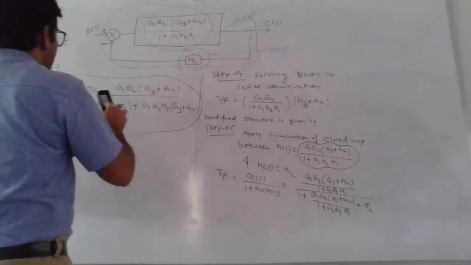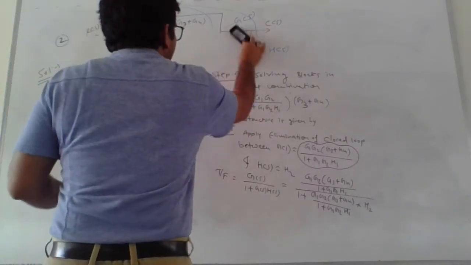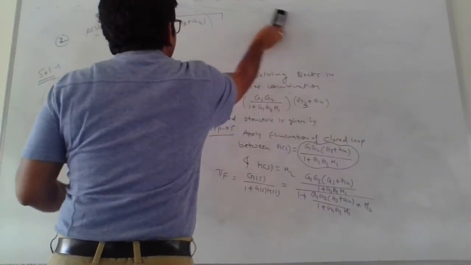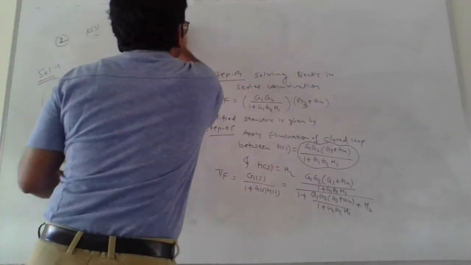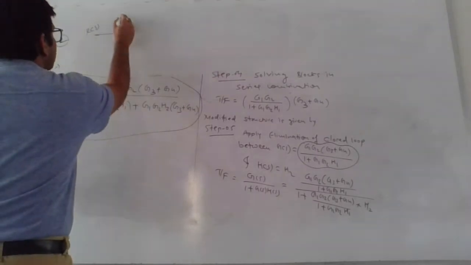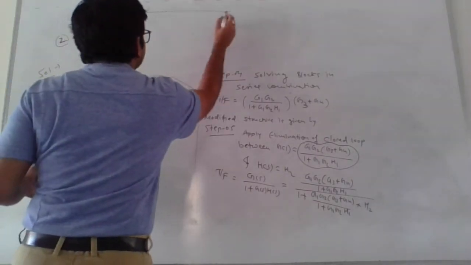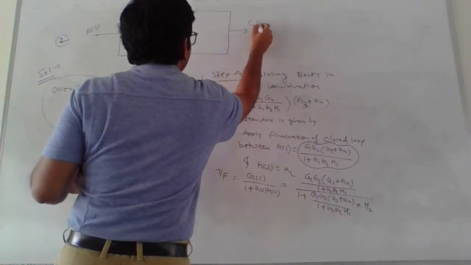So the modified structure is something like this. Now we are going to replace the entire control system which was given to us, made of some set of blocks, by a single block like this, and this indicates your final answer C of s.